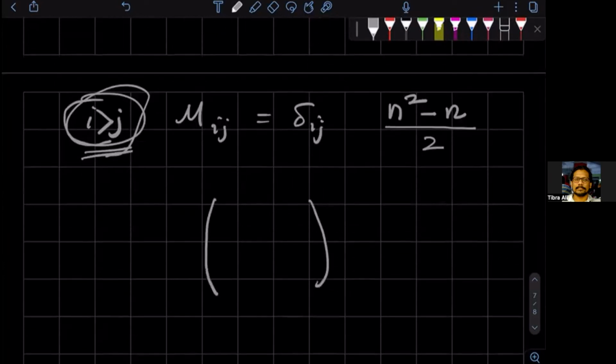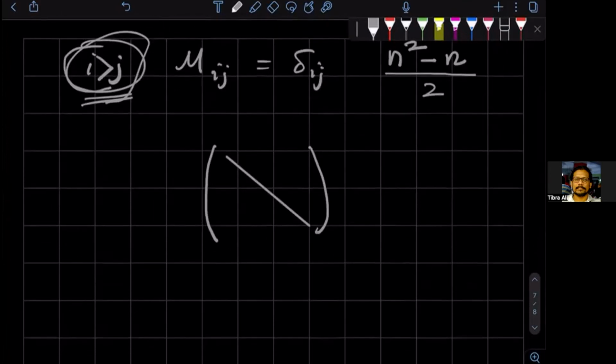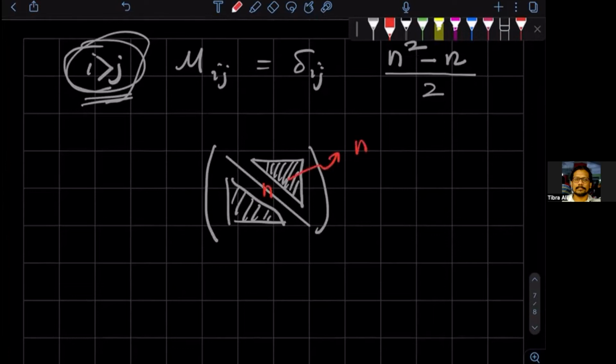Because if I look at these equations, these are the diagonals, and i greater than j are just these equations. But in total, there are n squared equations, but along the diagonal, there are n equations. So over here, there must be (n squared minus n) over 2, and over here there will be (n squared minus n) over 2, so that when you add everything up, you're going to have n squared.